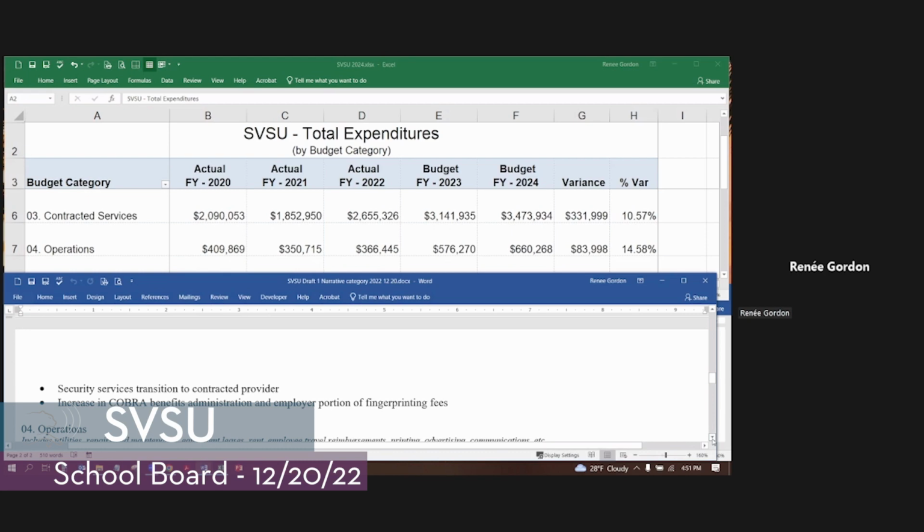I did take the liberty of actually reaching out to our old provider, which was Tyler Technologies, and the product we were using was Infinite Visions. The cost that they quoted me to go back to that was $131,000 a year, plus a $70,000 implementation fee.